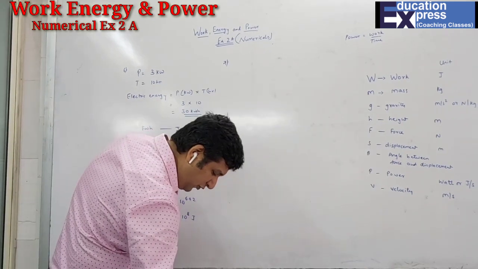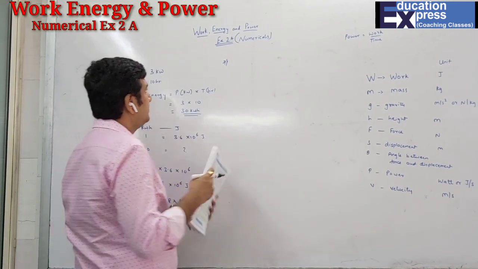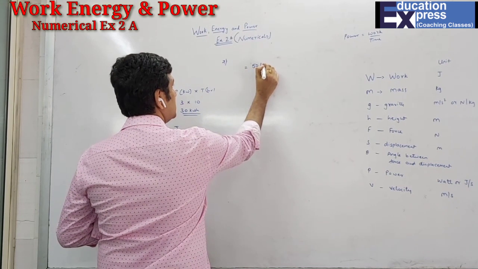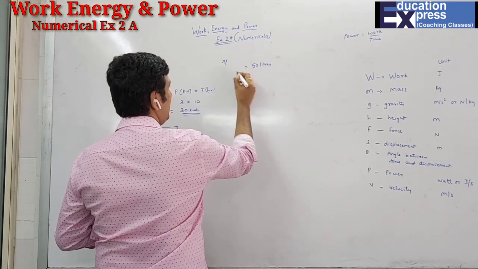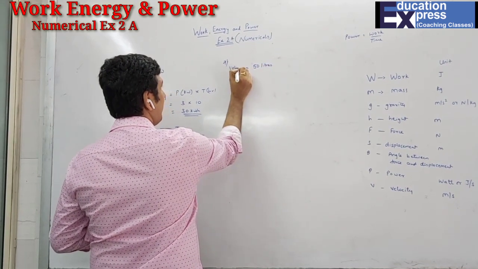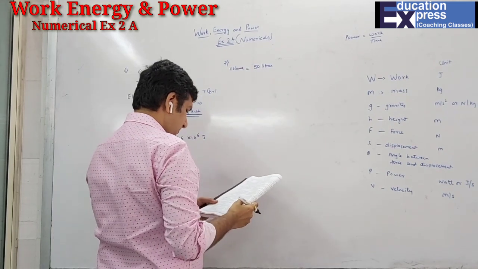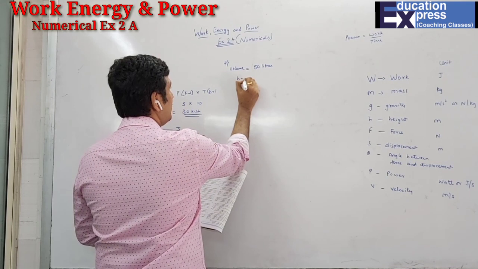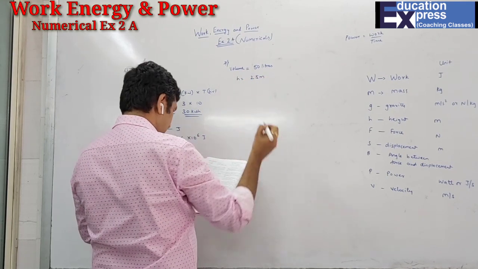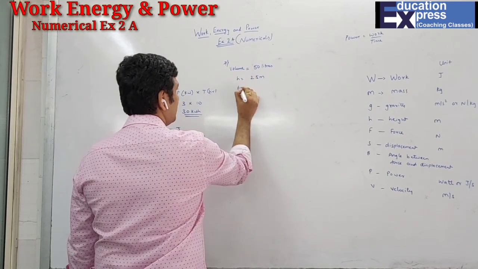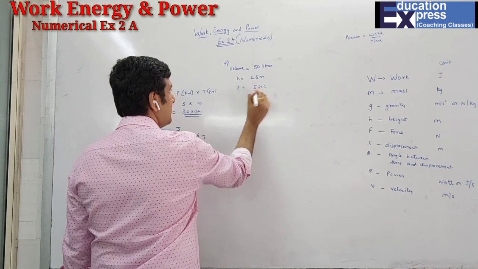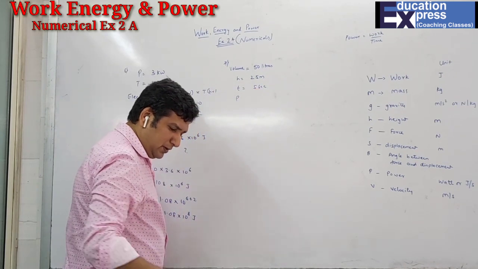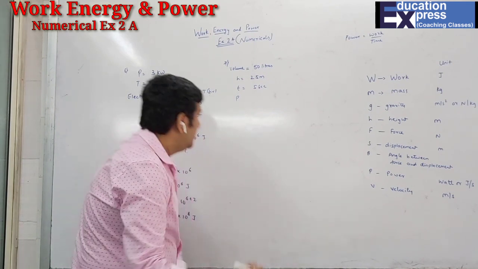A pump raises 50 liter of water. Students, 50 liters, it means they have given us the volume of water, through a height of 25 meter in time 5 seconds. Find the power of the pump required. So we have to calculate the power over here.